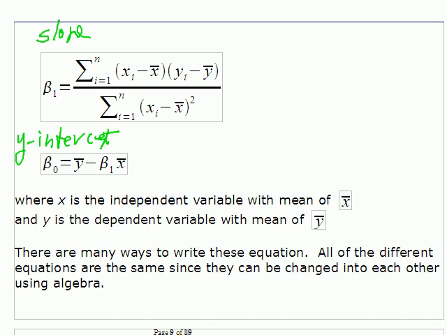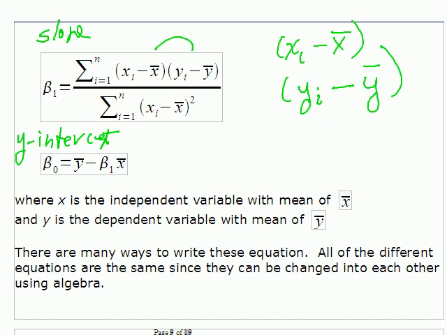I have a term, data point minus its mean. I have another term, y value minus the mean of the y's. Here I'm squaring them and adding them up. Here I multiply these together and add them up. Very similar to what we did before for the correlation coefficient. See what I mean by saying that once you get this notation down, it's actually pretty easy.